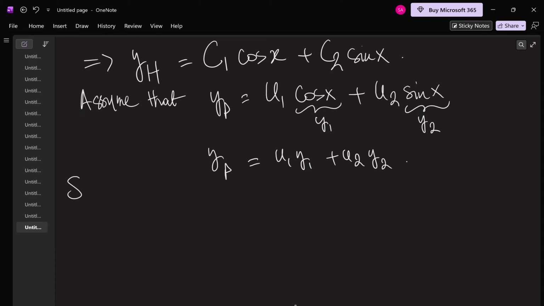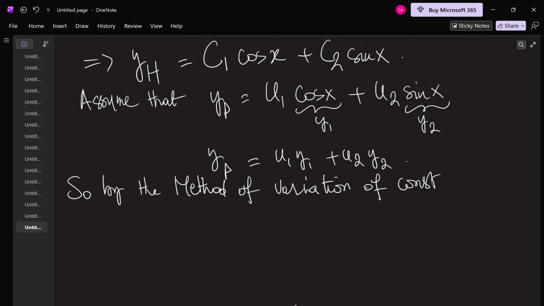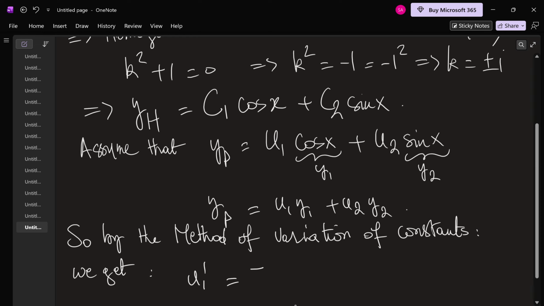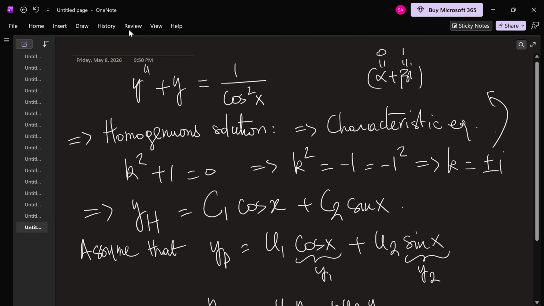So, by the method of variation of constants, we get u1 prime, as you remember, it was minus, and here I should remind you that this part, this guy here with the color red, is actually equal to g of x.